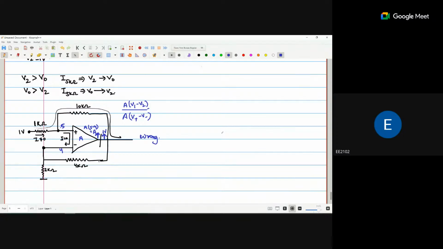Again a positive. This means this is a positive feedback, right? So we can say the circuit is wrong, or some parameter value we have to change to convert it into the negative.